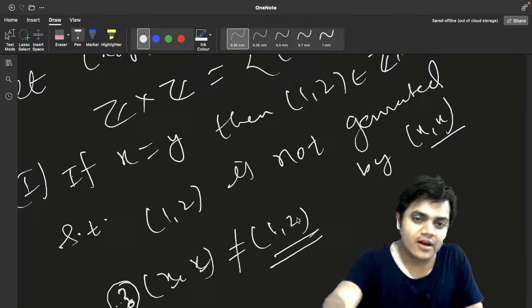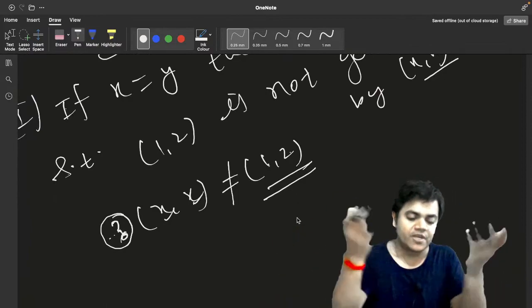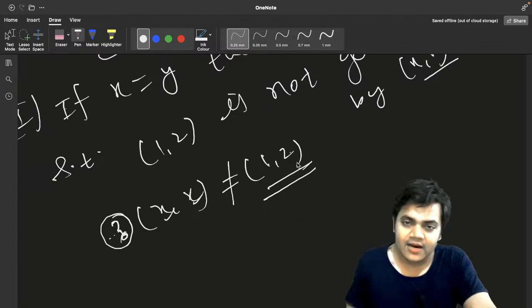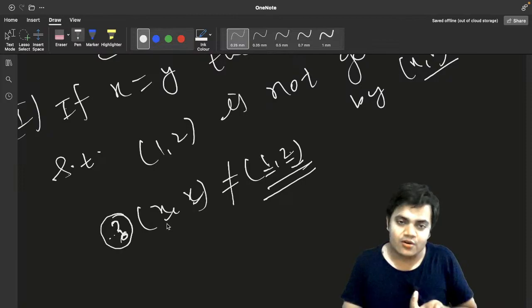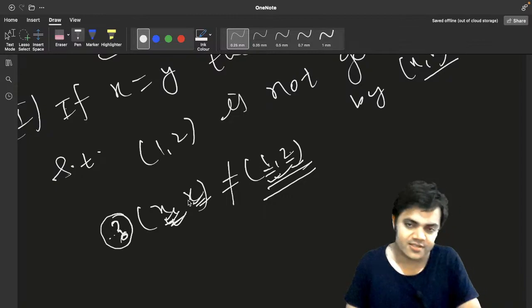Therefore, if x is equal to y, then this is not going to be a generator. Simply, if these two elements are different, then a generator with the same element at both coordinate places will not generate this kind of elements.